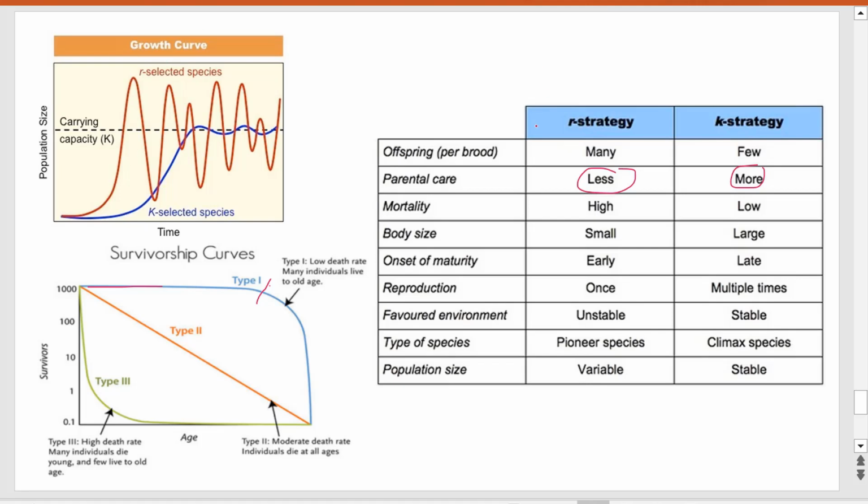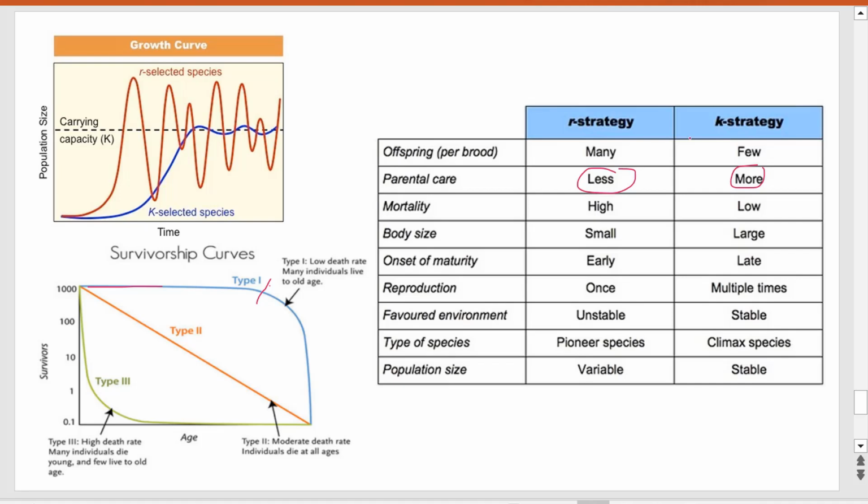And R type species are the pioneer species. That is, they are the first species which try to inhabit a new place. Whenever there is a new place, they are the first species which try to inhabit it.